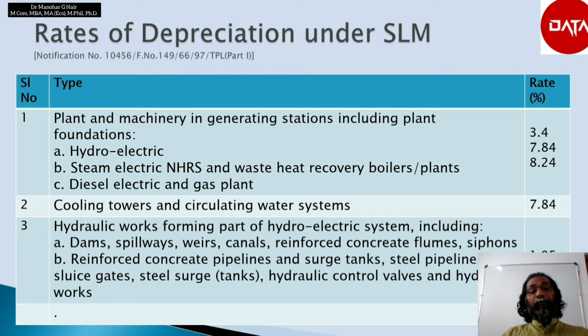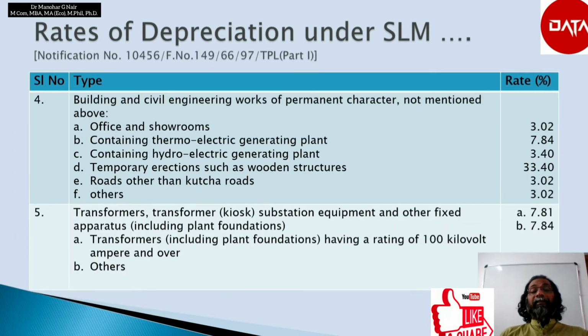Hydraulic works forming part of hydroelectric system including dams, spillway, weirs, canals, reinforced concrete flumes, siphon, 1.95%. Reinforced concrete pipelines and surge tanks, sluice gate, steel surge tanks, hydraulic control valves and hydraulic works, the rate of depreciation is 3.4%.